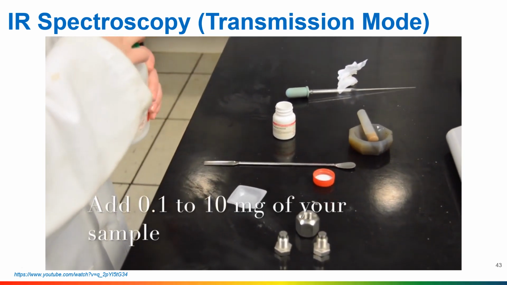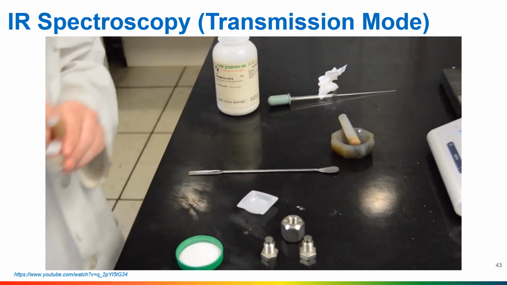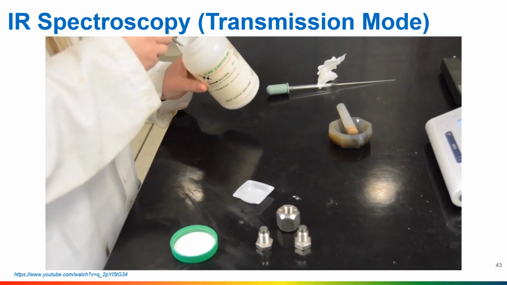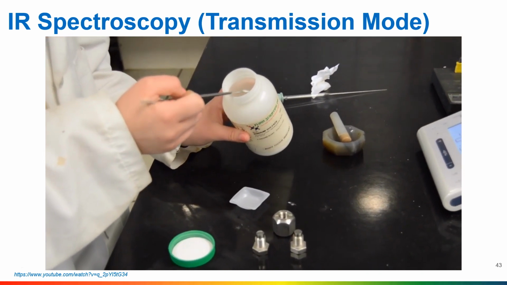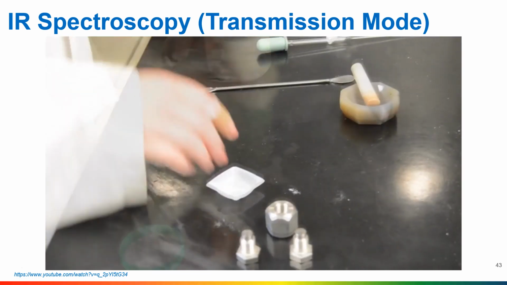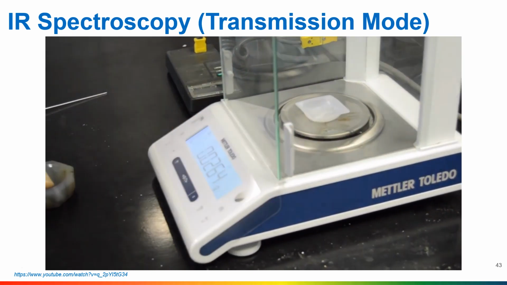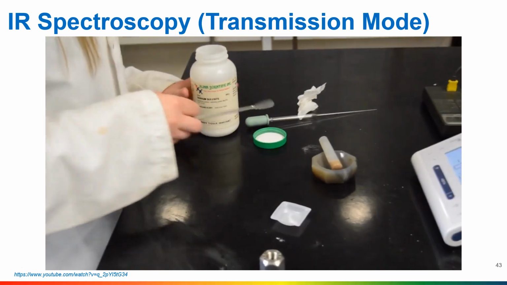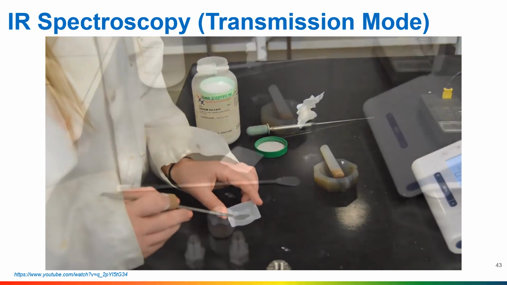Measure out 0.1 to 10 milligrams of your solid sample, place this on the balance and record the weight. It is important that you do not exceed 10 milligrams, and ideally a smaller amount of the sample is best. Set your sample to the side with your measured amount of potassium bromide.